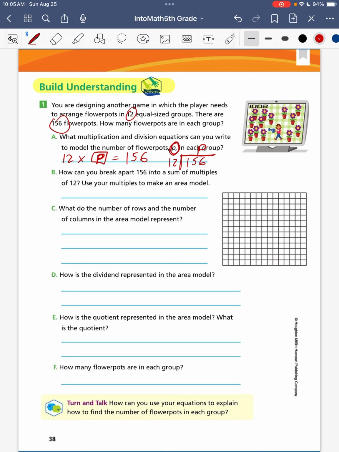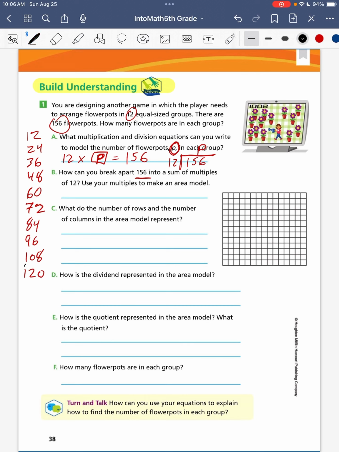Let's think about how we can break up pieces of 156 to add up to the multiples of 12. Along my side, I can write out my multiples of 12: 12, 24, 36, 48, 60, 72, 84, 96, 108, and 120.